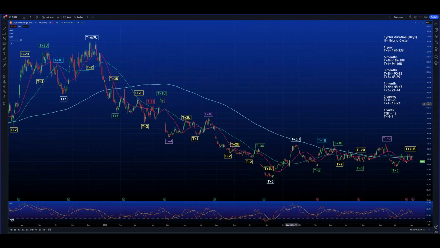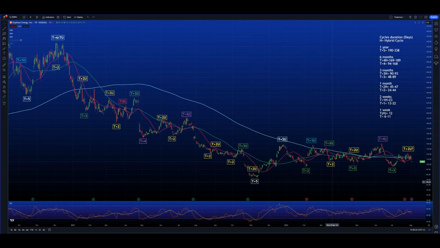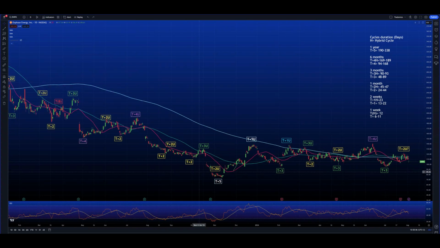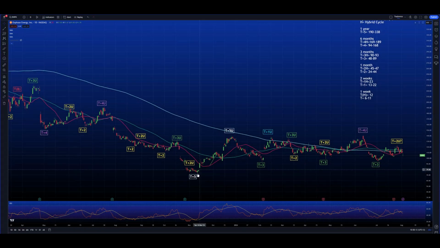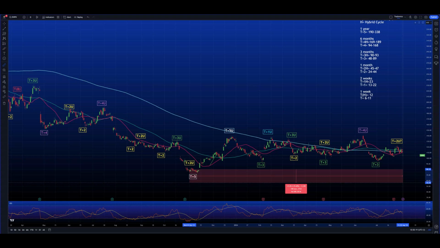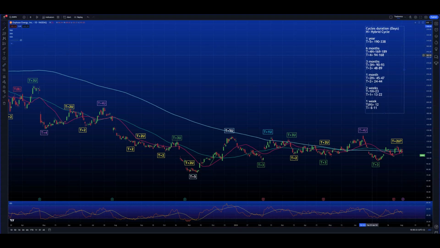Now, if we start looking at what has happened from 2023 onwards, here we frame the chart as follows. First of all, regarding the downward cycles, we have reached a total duration of 188 days, which is not even the minimum duration for the closing of a T plus 5, 190 days.